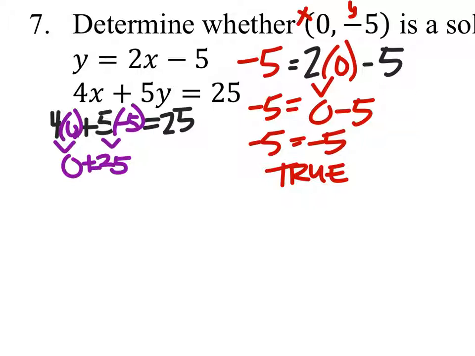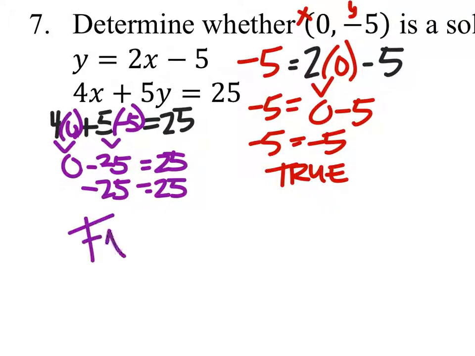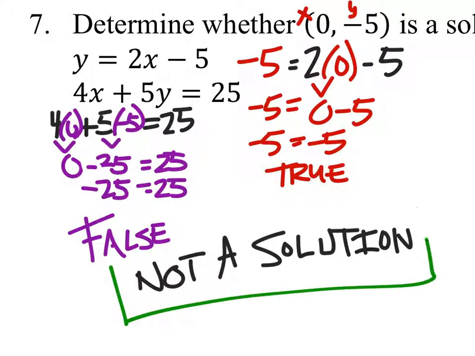Equals 25? 0 minus 25 is negative 25, so it's incorrect, which equals 25, which is false. Since that is false, it's not a solution. Therefore, you'd have to go back and figure out what you did wrong. Right there, okay?